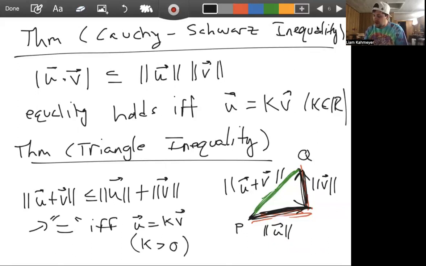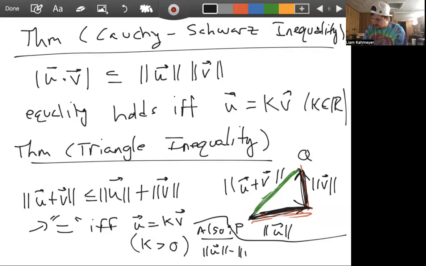So we also have with the triangle inequality a similar statement for the difference. We also have the magnitude of u minus the magnitude of v is less than or equal to the magnitude of u minus v.